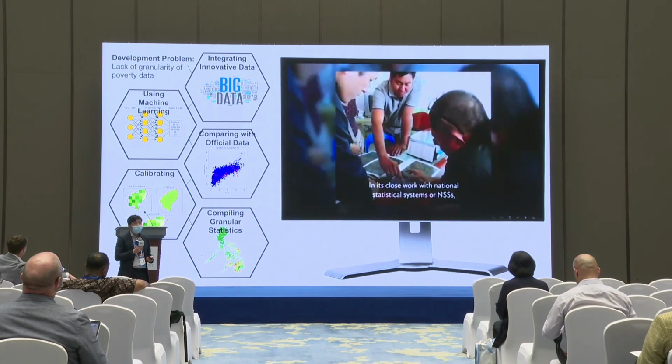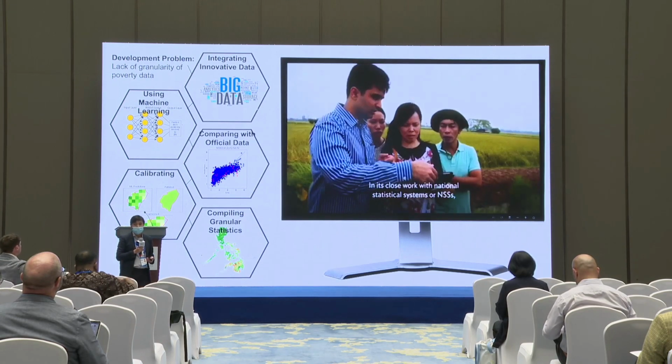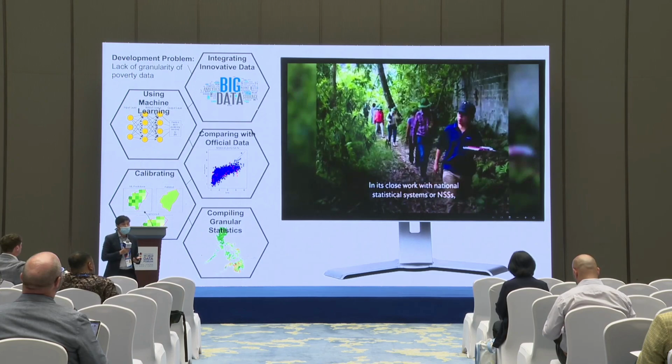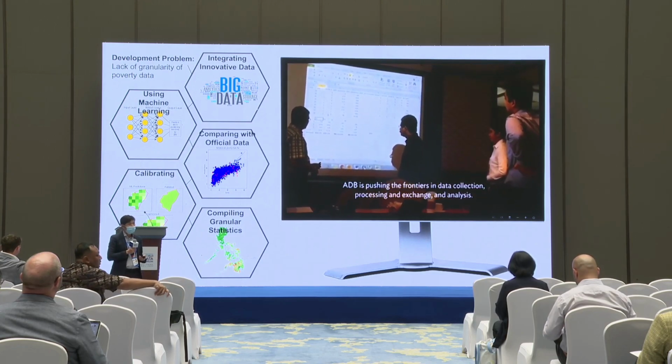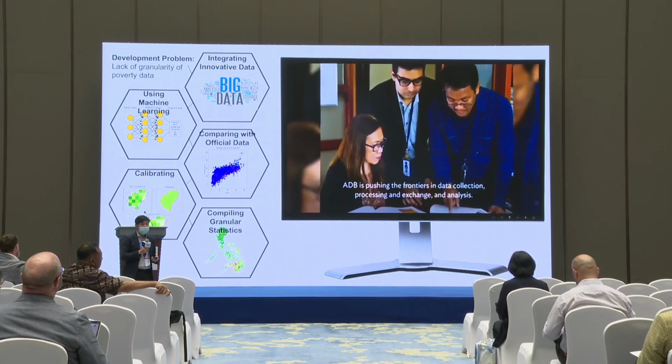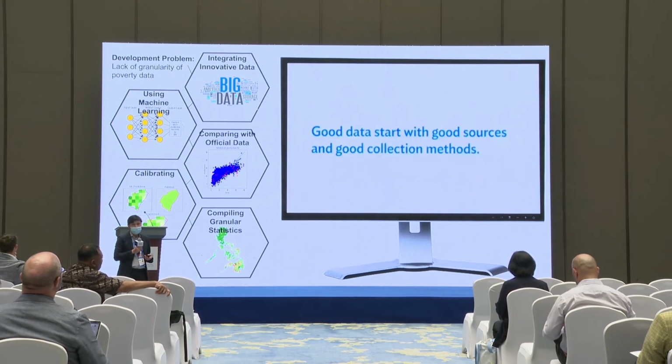And that's an option that is not always practical or feasible for many government agencies that collect this data. So we asked ourselves, how can we enhance the granularity without necessarily increasing the sample size?